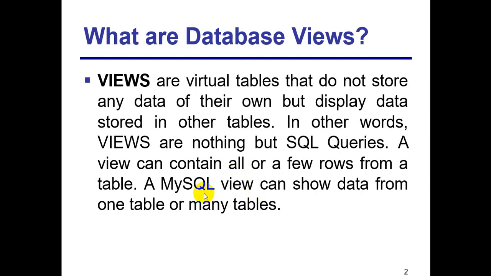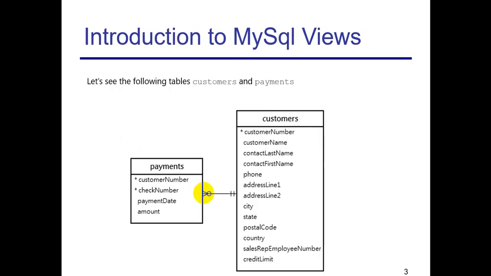Another thing is that a view can show the data from one or more tables. It is not necessary that a view provides access to only some of the records or attributes of a particular table; it can also provide you data from two, three or more different tables. Now we will see this with an example so you can better understand the concept of views.